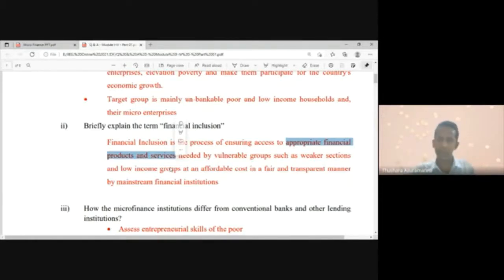Affordable cost and transparent manner, something about low interest rates or concessionary interest rates in a fair manner. Mainstream financial organizations like banks, and non-financial organizations, NGOs, cooperative societies.